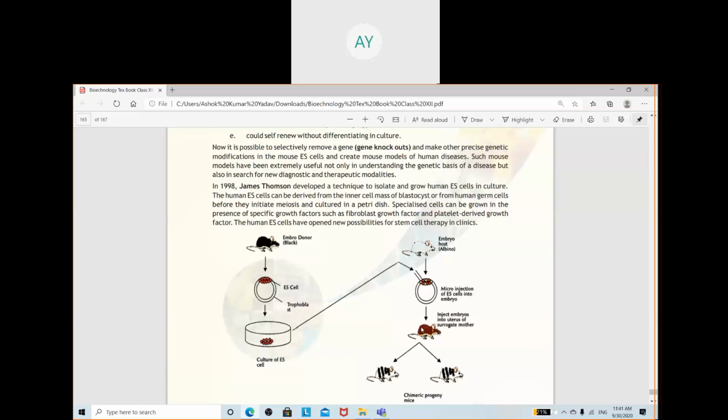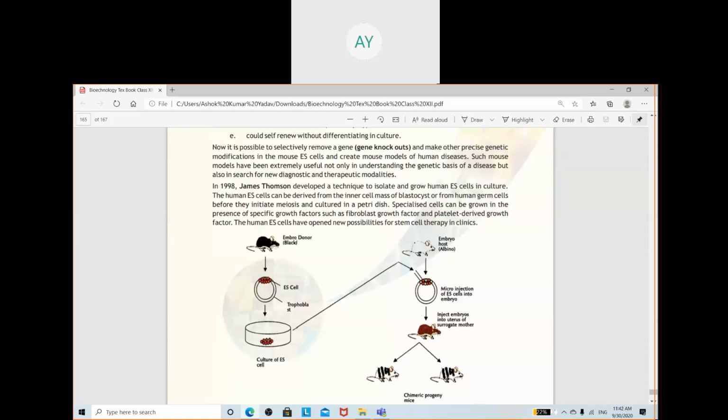So when you are putting the trans embryo inside, that embryonic stem cell is known as trans embryonic cell. Why? Because that contains both the black mice embryonic stem cell as well as the white mice embryonic stem cell. Just see, this is the white mice embryonic stem cell, this is the black mice embryonic stem cell. Now when you develop that trans embryo in that third one, there is a development of baby in that mice.